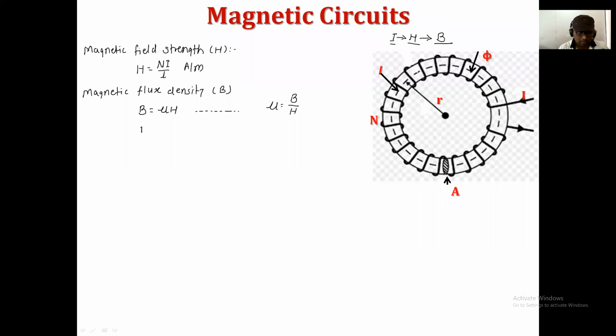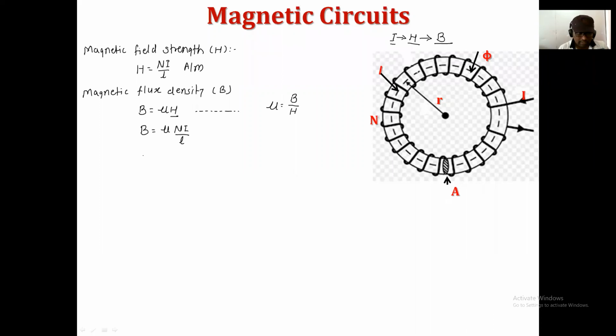So I can write B is equal to mu and the value of H is nothing but Ni upon L. Whenever you have a doubt, please stop me, because we are trying to derive that very important derivation in the magnetic circuit. So here we have put that value of H in the formula of flux density.